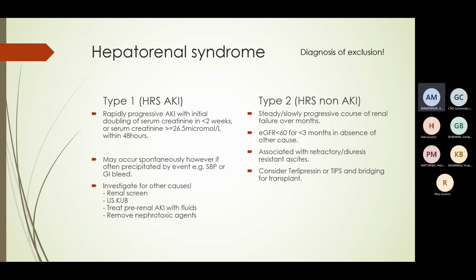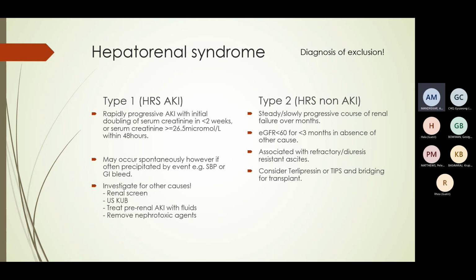So type 1, the more severe form, is perhaps more correctly called a hepatorenal syndrome AKI. It's a rapidly progressive AKI where you have that doubling of serum creatinine within 2 weeks. It basically appears on your renal profile the same as an AKI.